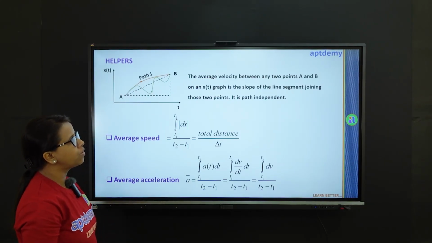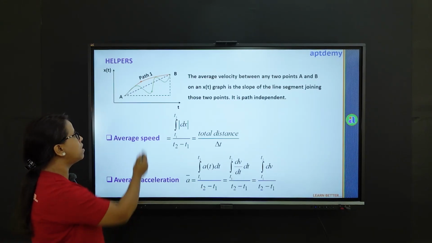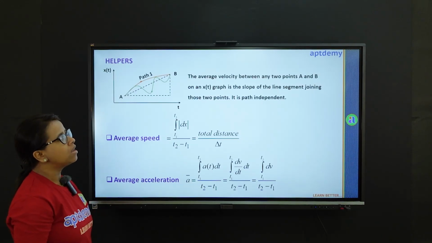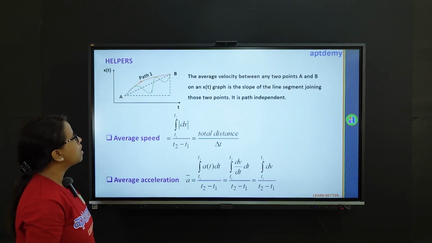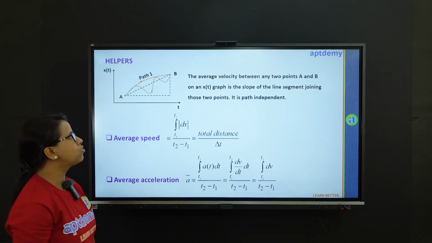Independent of the path followed by the particle, the average velocity of the particle in moving from A to B can be found very easily by finding the slope of the line segment joining those 2 points.